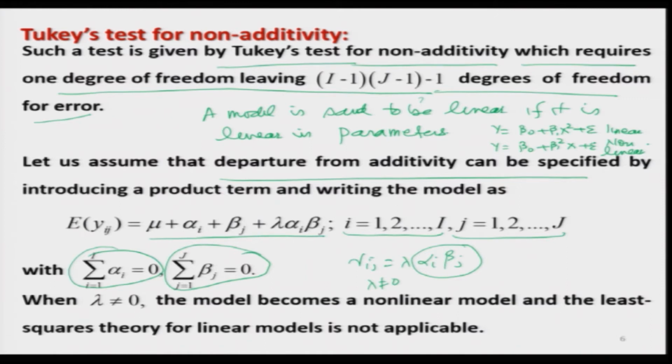But now, if you see in this term there are two parameters alpha_i and beta_j. So, the power of the term for these parameters does not remain 1, and so when lambda is not equal to 0, the model becomes a non-linear model, and once the model becomes non-linear, the least square theory of linear models is not applicable.